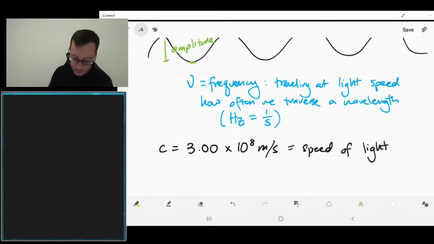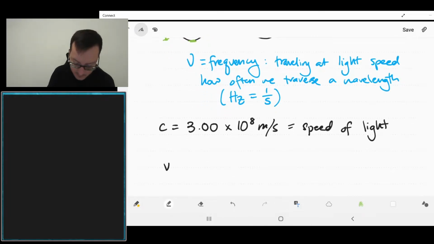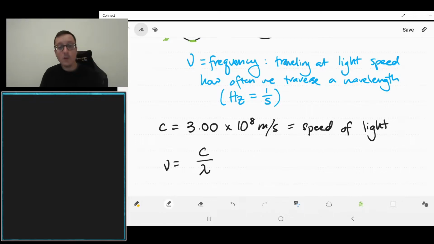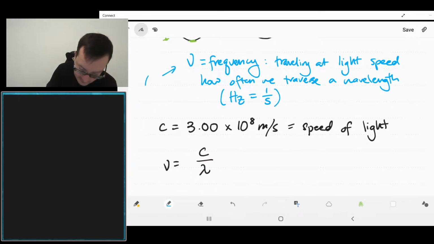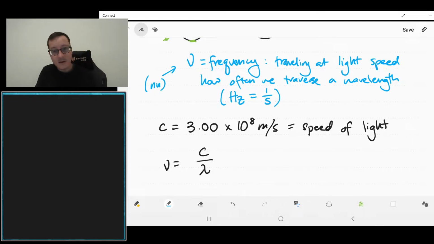It turns out that the frequency will be equal to the speed of light over the wavelength, or you can rearrange this equation however you like. By the way, that's the Greek letter nu. It's not a V. That is nu, a fancy V. I try to draw it a little bit fancy, so it's not velocity, but frequency.